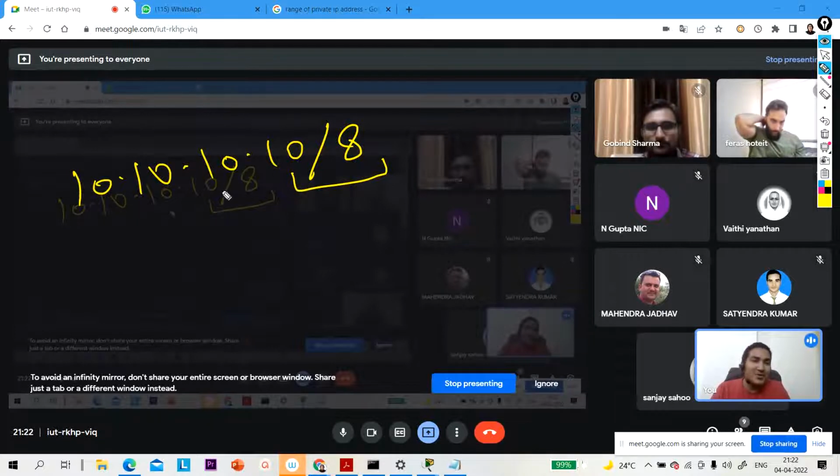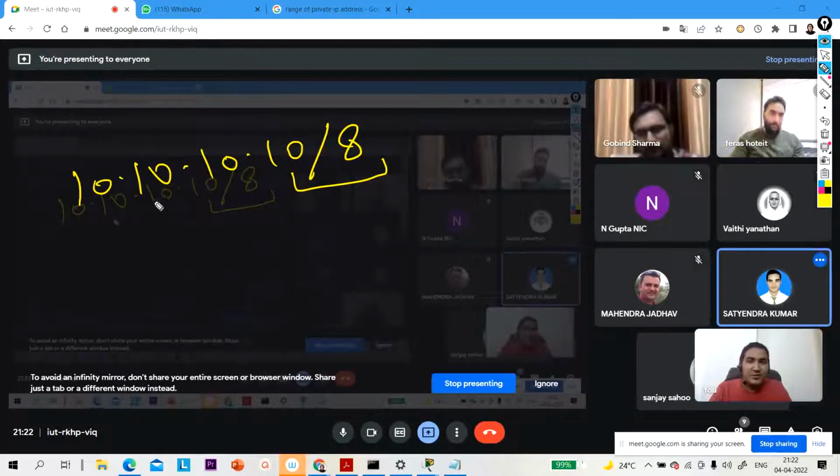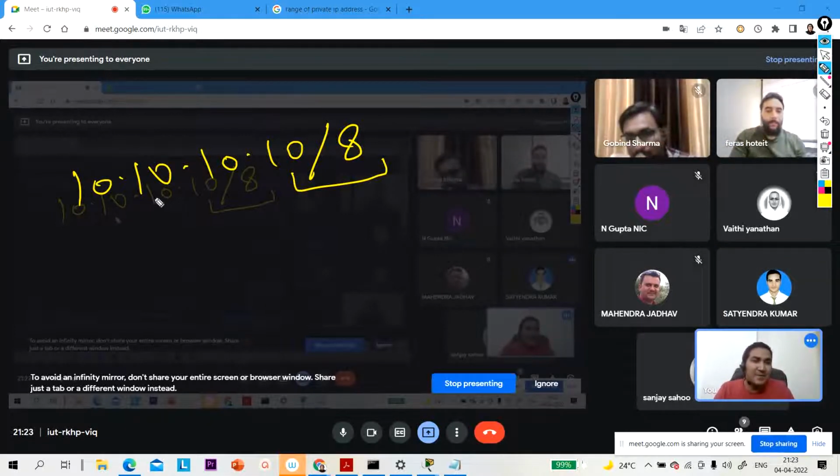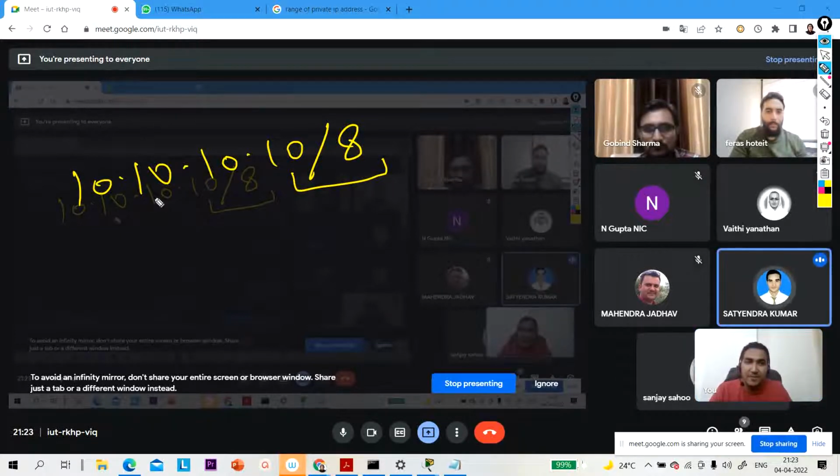What will be the host bits? The total size of an IP address is 32 bits. Out of 32 bits, 8 bits are network bits, so 24 bits are host bits. 32 minus 8.